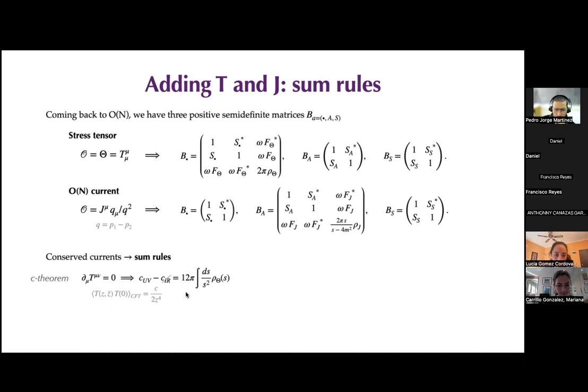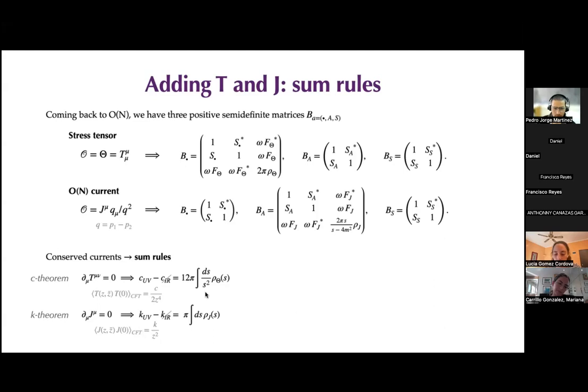And for the ON current, there's a similar K theorem, perhaps less well known. So you can write a very similar condition where you have the central charge K in the 2-point function of the currents in the CFT like this. And it's given by some integral of the spectral density of this operator here.